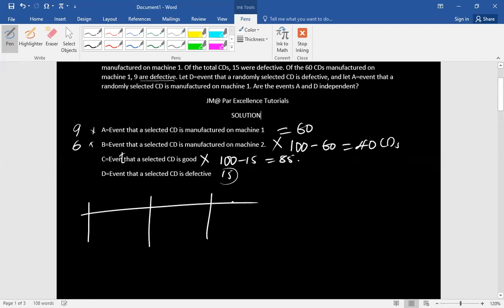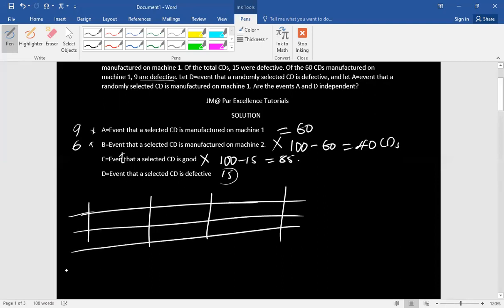So we're going to get a two-way classification table like that one. Here we have event A, that is a CD is manufactured on machine 1, and this is event B, and then here we can have the total.